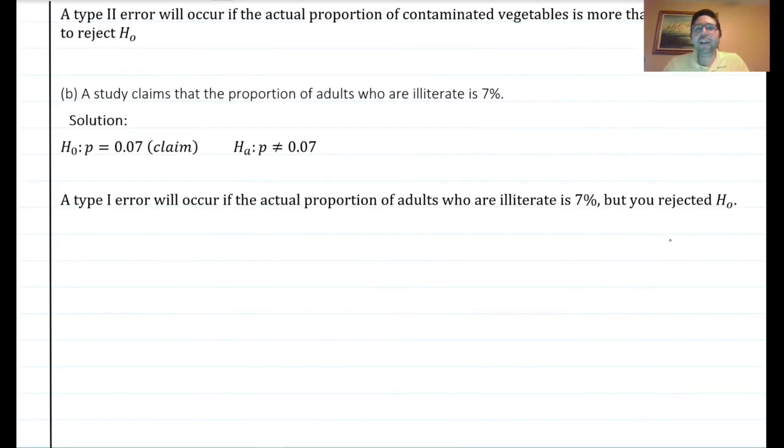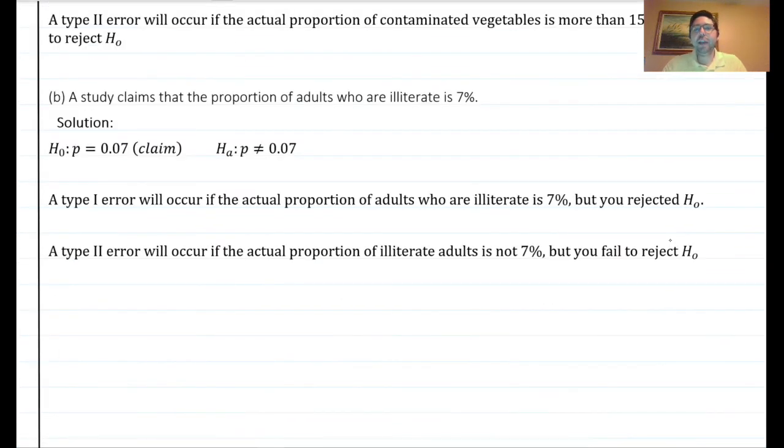A type 1 error will occur if the actual percentage who are illiterate is 7%, but you rejected it. You're not supposed to reject it because it's actually 7, but you did reject it. A type 2 error is when you fail to reject it when you should have, right?